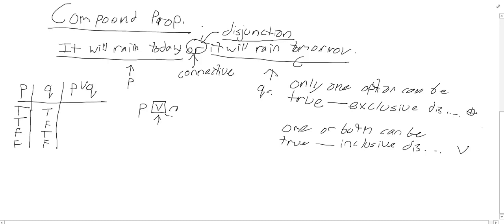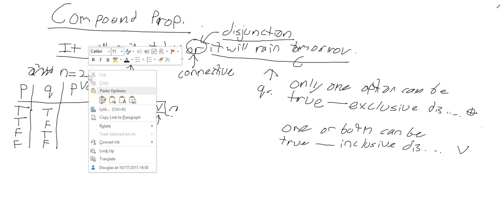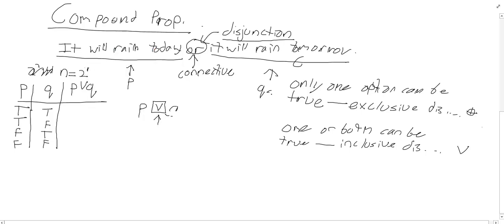And you might be thinking, oh, well, that's 2 squared. Yes, that is. And that's a general rule you can follow. The number of rows in your truth table, n, is going to be equal to 2 to the power of the number of distinct variables in your truth table.